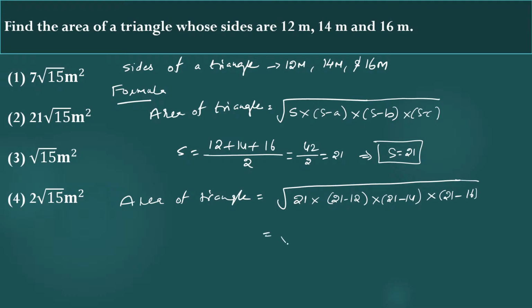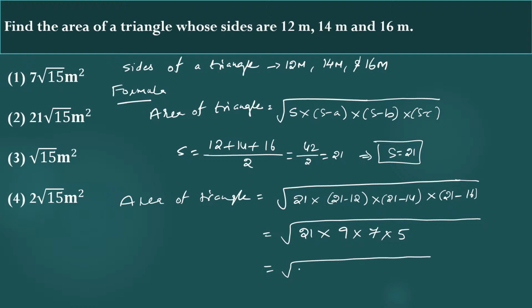So root of 21 into 9, 7, 5. You can write 21 as 3 into 7, and 9 as 3 into 3.